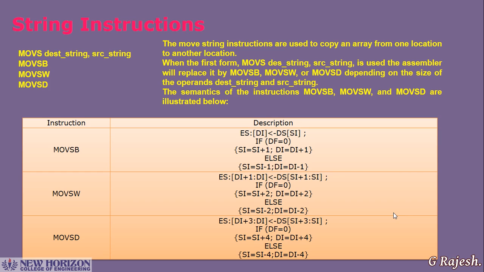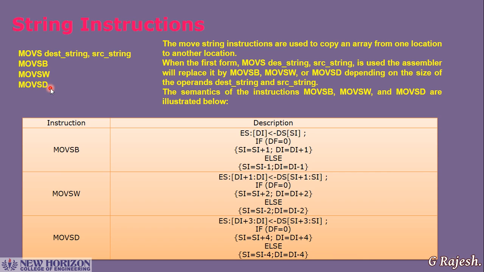If it is word, MOVSW is used, and if it is double word, MOVSD is used. For all these instructions, the implicit segment registers are the data segment register and the extra segment register.